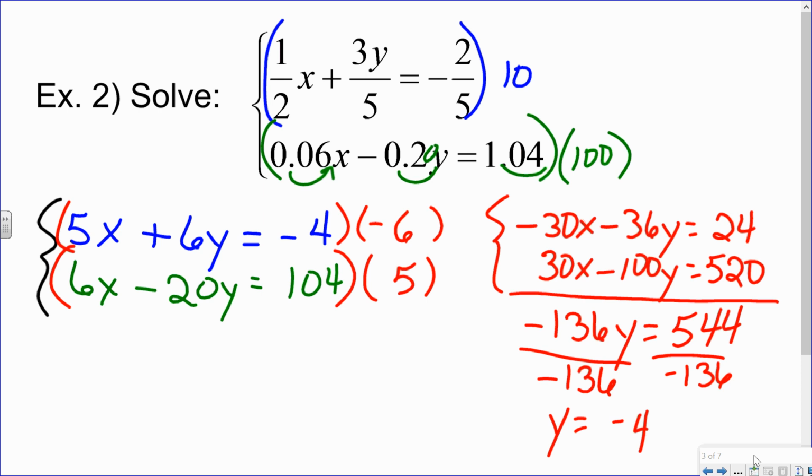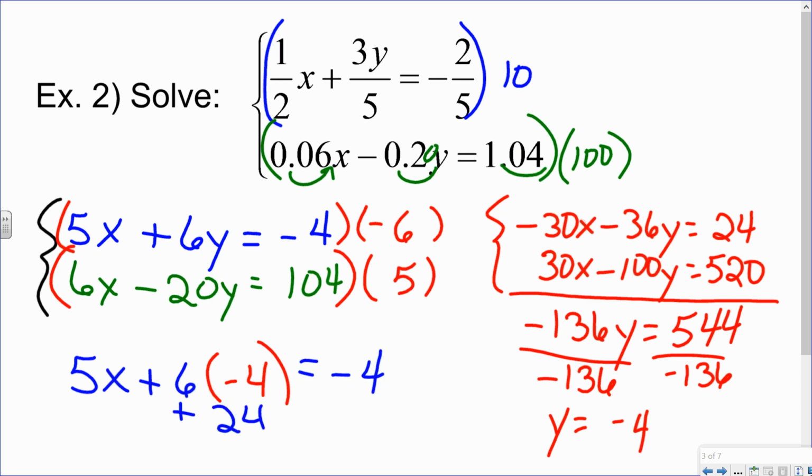Most days I would say try to go back to one of your original ones because you know there's no mistake in those, that those are correct. Maybe I made a mistake getting to this. Those are so messy though. Let's go back and substitute into the blue one. So we have 5x plus 6 times y, which is now -4, equals -4.